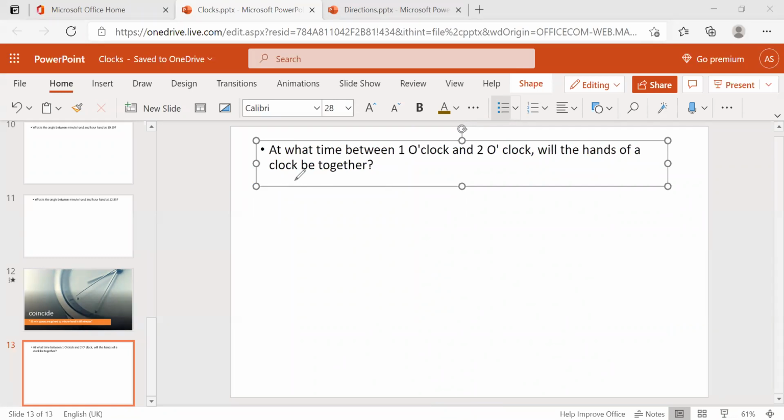Which one is the small one? 1, right? So 1 represents 5 minutes. So 5 by 11 is the answer. But this is a proper fraction only, so no need to convert.